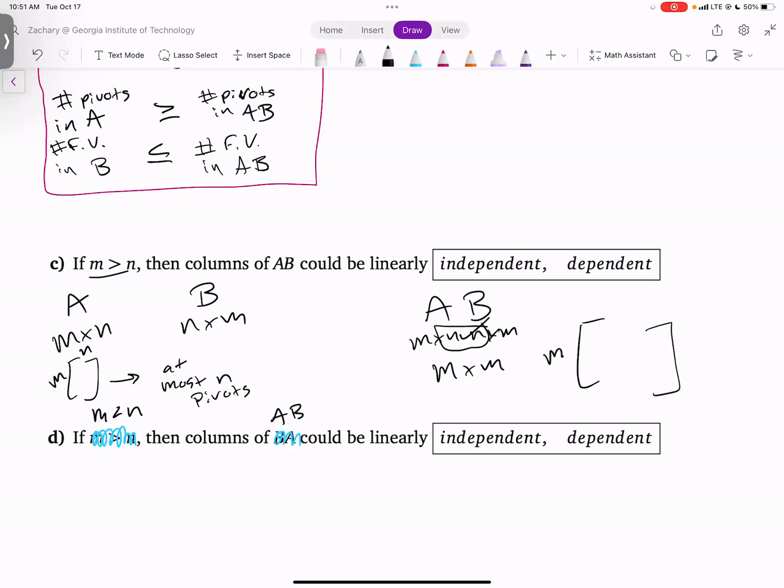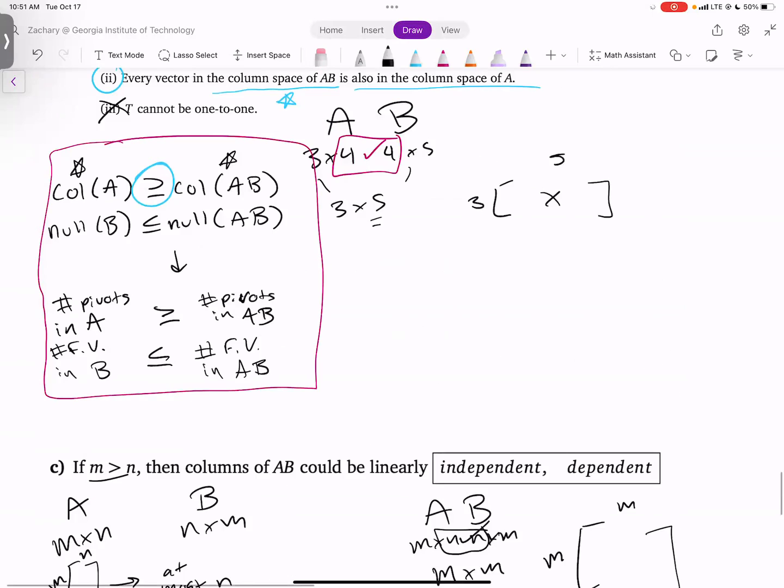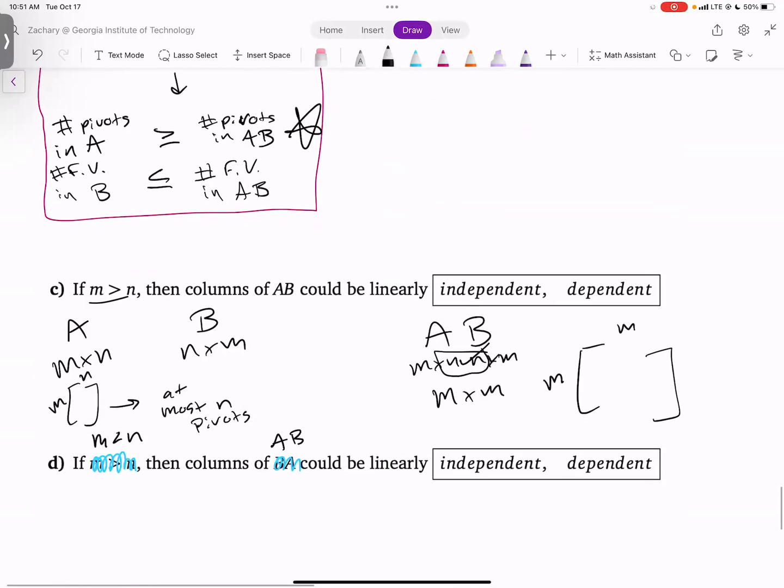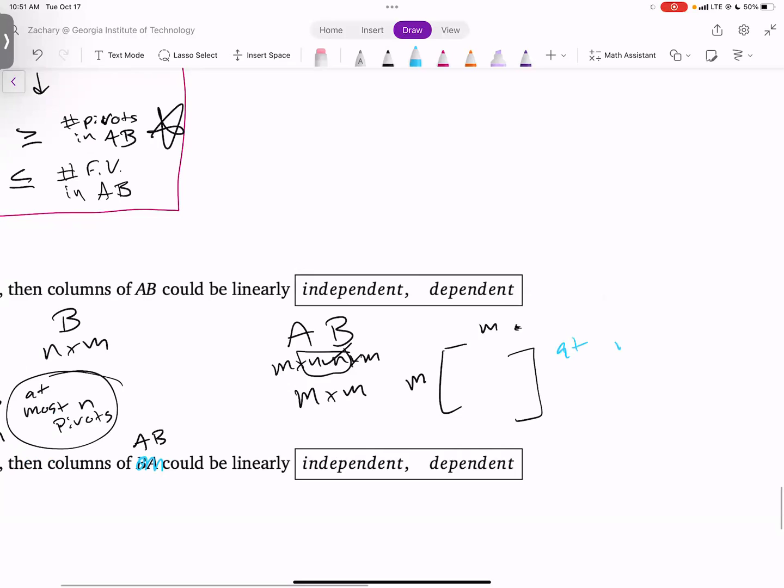By this condition, the number of pivots here can be at most the same as it is in A. So this can have at most n pivots. So let's call maybe m is 5 and n is 4.